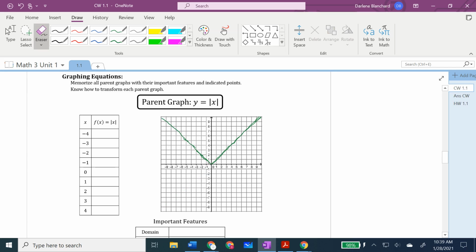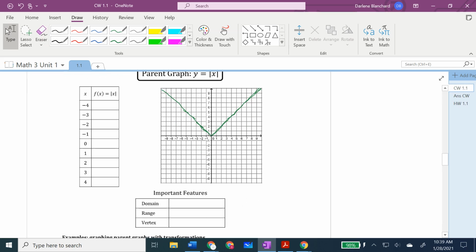So when you see the absolute value of x, you need to know that it creates the V shape where your lines have a slope of -1 and +1. And I'm, again, just going to throw this out pretty quickly because you should be aware of these things already.